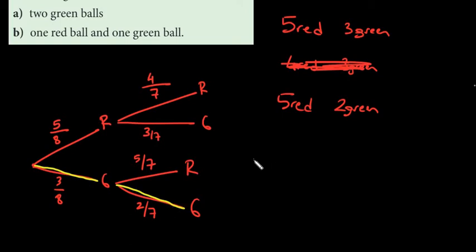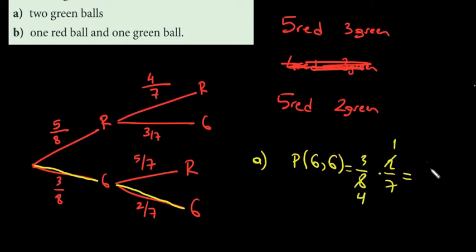That means this is A, probability of getting a green and then a green. That's going to be 3 over 8 times 2 over 7. So we can simplify 2 and 8, divide by 2, 1 and 4. 3 times 1 is 3, over 4 times 7 is 28.